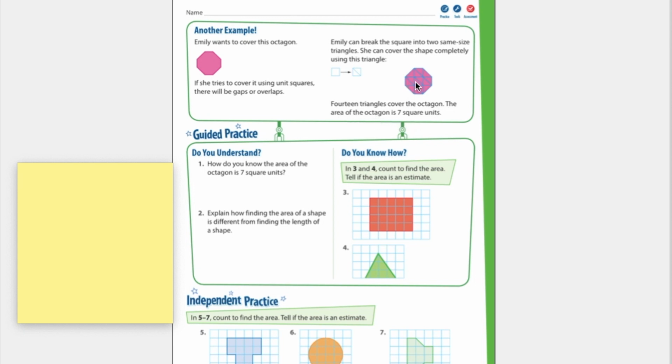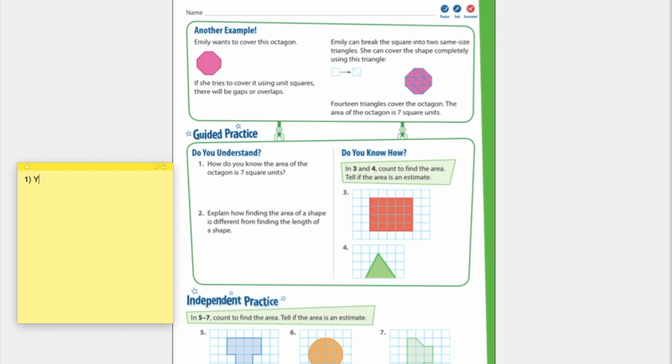So if you see, she has 1, 2, 3, 4, 5 squares. And then if you do the same thing where you combine the halves, so this half and this half, you will have 7 square units. So number 1, how do you know the area of the octagon is 7 square units?